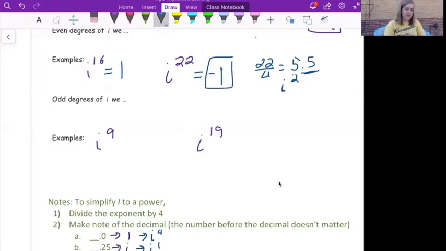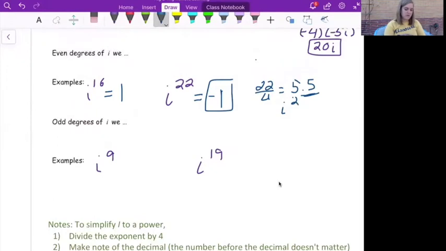So if the degree is even, we will have 1 or negative 1.